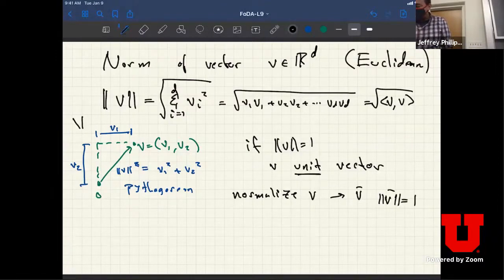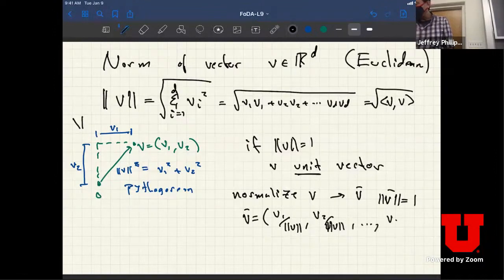I do this by setting V bar equal to V1 divided by the norm of V, V2 divided by the norm of V, up to VD divided by the norm of V.